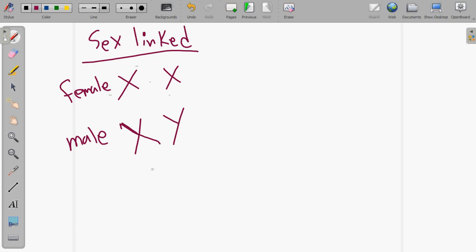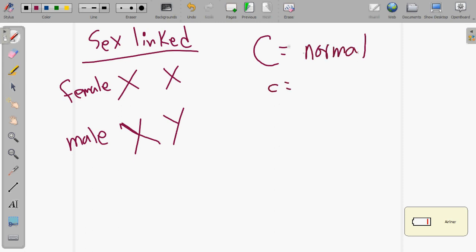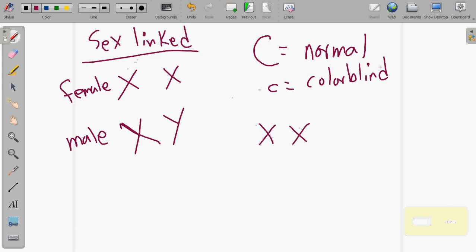Now, if a gene is on the X chromosome, we say it's sex-linked. For example, normal color vision, let's say that is a big C. And let's say a little c is colorblind. Now, we could have a female that is homozygous dominant for normal color vision.